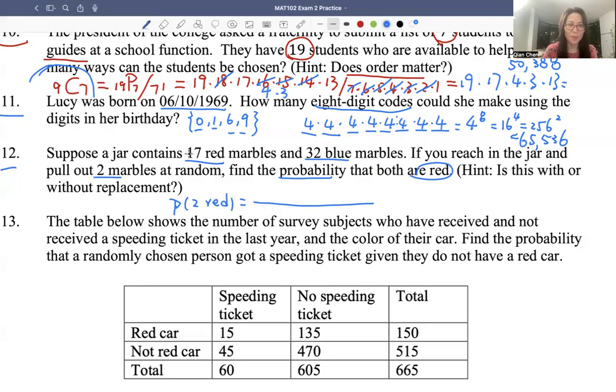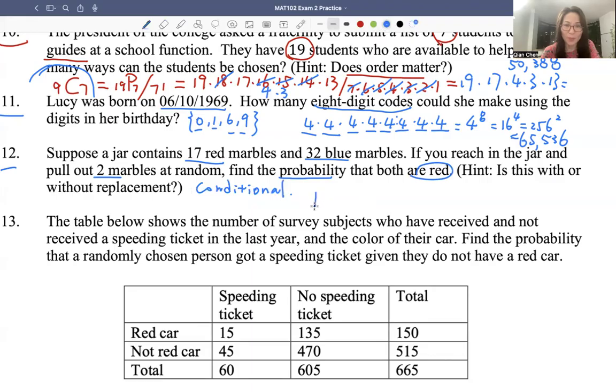How many marbles we have in total? Okay, let's do step by step. So we recognize this is a conditional probability.